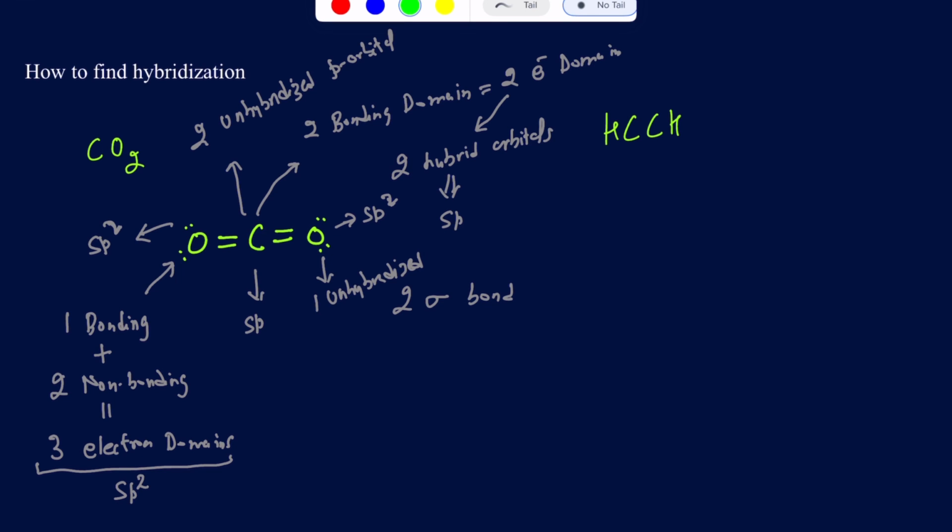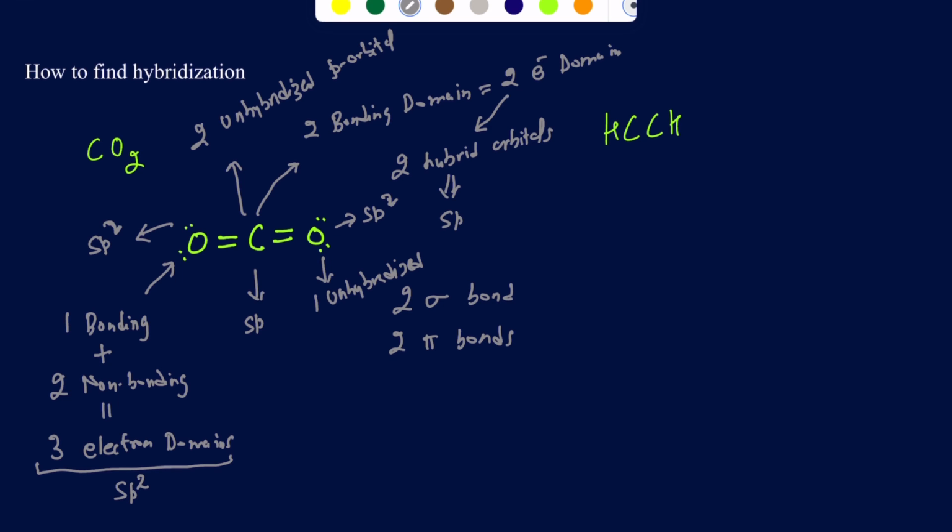One of them is going to do the sidewise overlapping with one unhybridized p orbital on the right oxygen, and that makes the pi bond. Then the other unhybridized p orbital on the carbon will do the sidewise overlapping with the unhybridized p orbital of the left oxygen atom. And that's how you make the pi bond on the left side as well. So this CO2 at the end of the day will have two sigma bonds and two pi bonds in total.